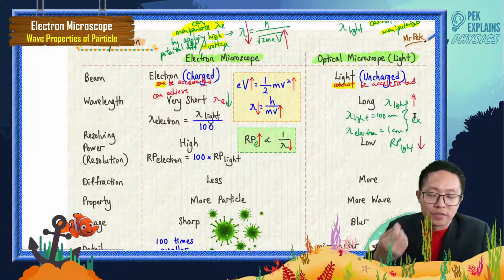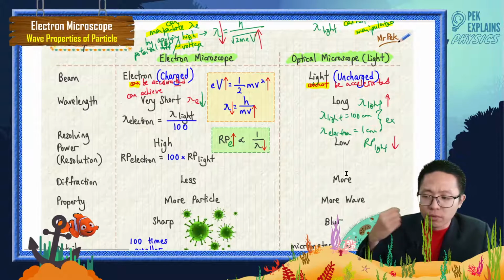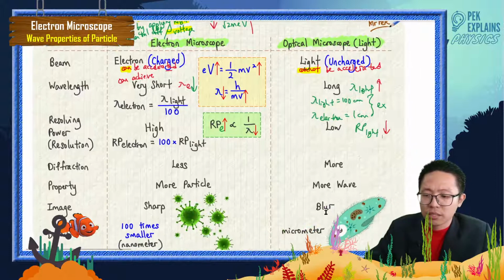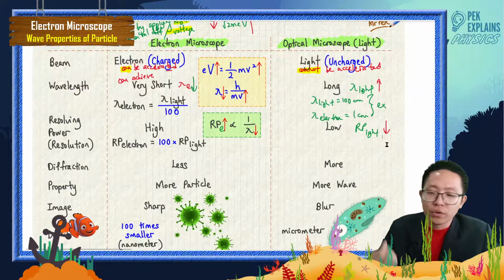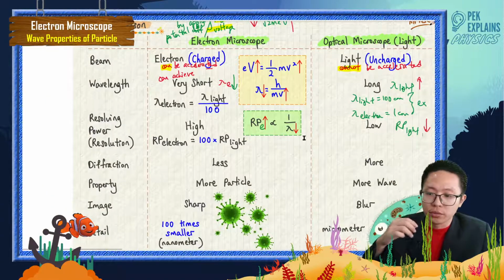But light has a very long wavelength. Long wavelength means more diffraction, more diffraction means a blurred image, a blurred image means low resolution, and low resolution means low resolving power. So resolving power is inversely proportional to the wavelength.